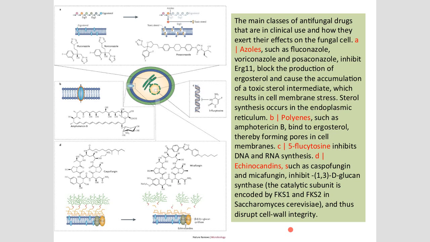If you compare that with the antibiotics, if you remember, I showed you some of the drugs acting on cell wall synthesis, some of the drugs making pores, some of the drugs binding to ribosomes and then stopping synthesis, and then acting at nuclei.